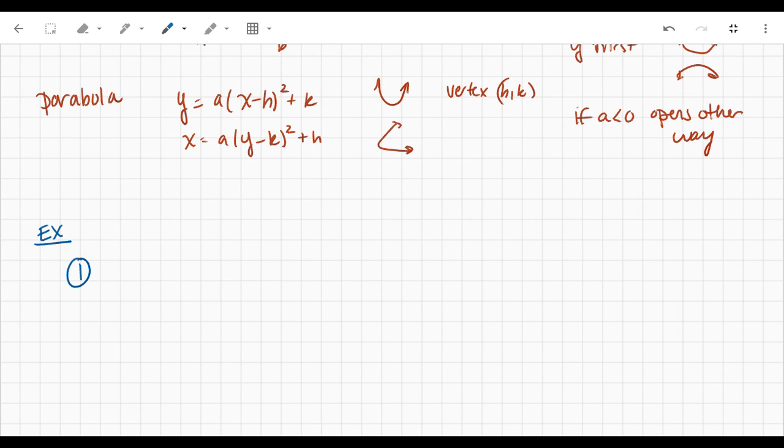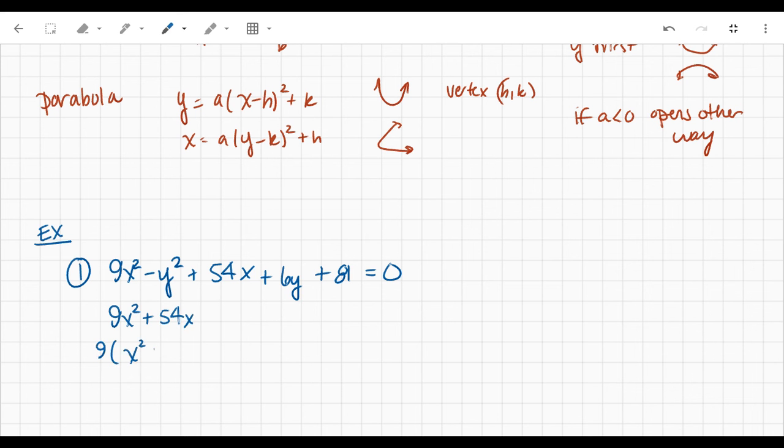The first one we'll look at is 9x squared minus y squared plus 54x plus 6y plus 81 equals 0. What we're going to do for all of these is complete the square, to get it in the right form and to be able to pick out that h, k. So we're going to do 9x squared plus 54x, and we'll factor the 9 out of there.